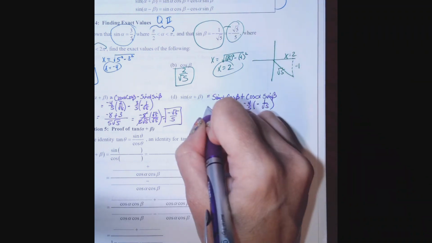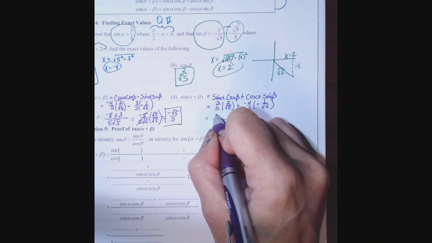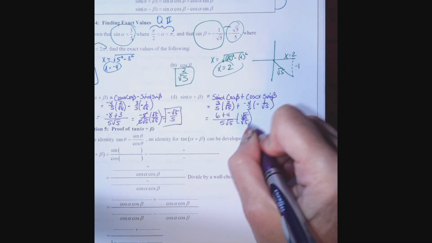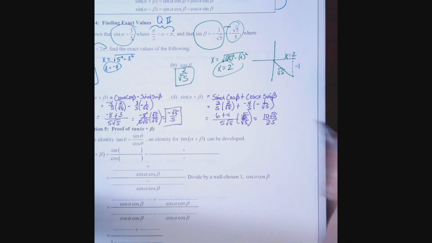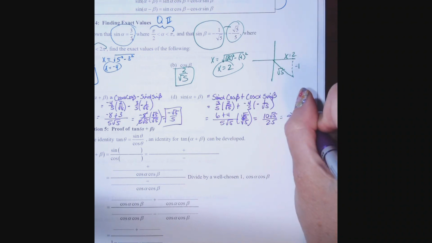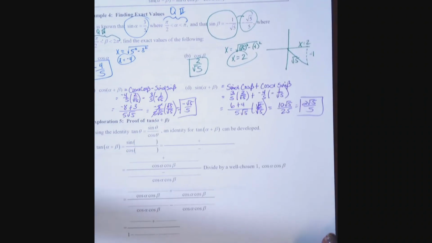Again, we have that common denominator of 5 square root 5, and in our numerator, we have 6 plus 4. So let's rationalize. That gives me 10 square root 5 over 25, which simplifies to be 2 square root 5 over 5, leaving it exact.